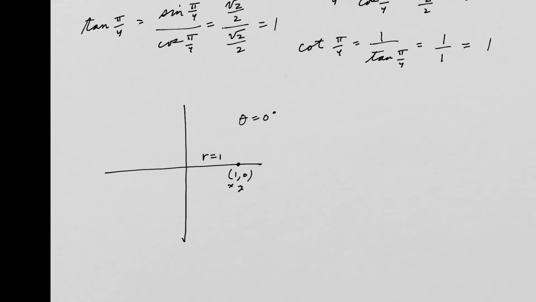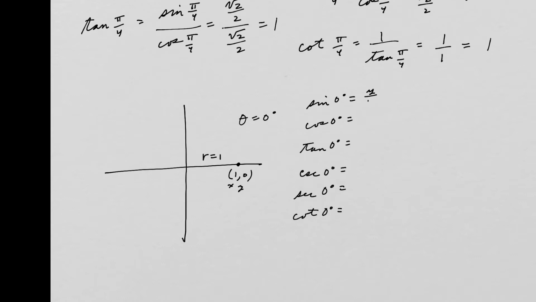So based on that, I can get all of my trig functions, right? So I want sine of 0 degrees, cosine of 0, tan of 0, cosecant, secant, and then cotangent. So sine of 0, remember, is y.